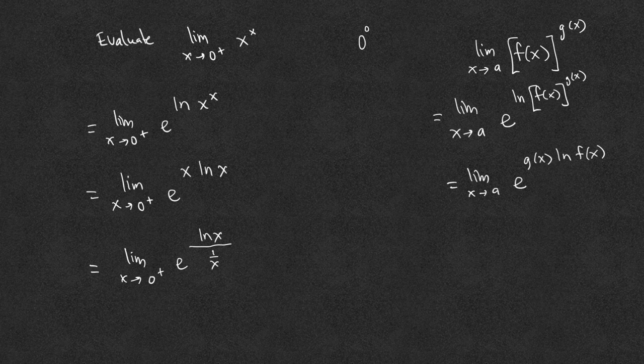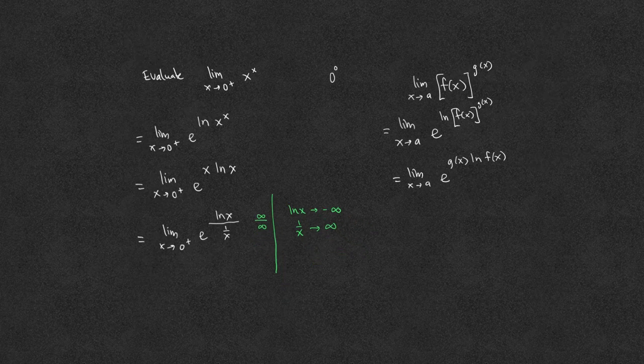As x goes to 0 from the right-hand side, ln of x goes to negative infinity, and as x goes to 0 from the right-hand side, 1 over x goes to positive infinity. The expression in the exponent is a limit of the form infinity over infinity. We ignore the plus or minus.